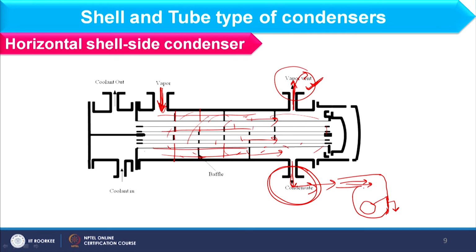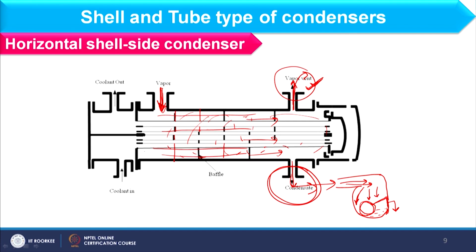Because of the density difference, condensate settles down, right. So condensate will start filling this space. As condensate fills this space, it lets this balloon move up, because this balloon is very light.